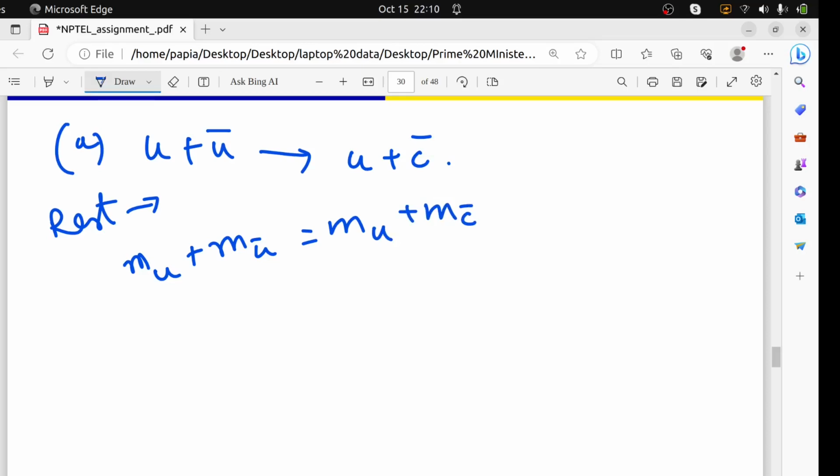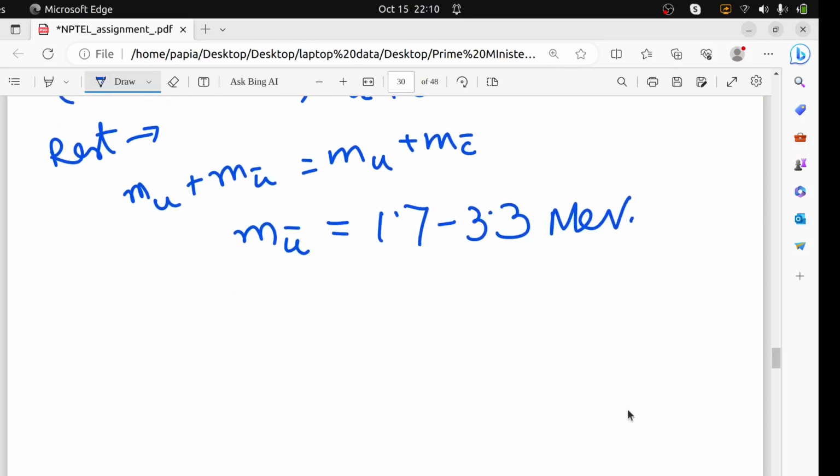Now you can see here, mass of U bar is 1.7 to 3.3 MeV. Similarly, mass of C bar is, let's say, that much.